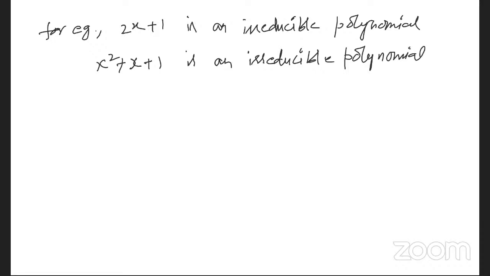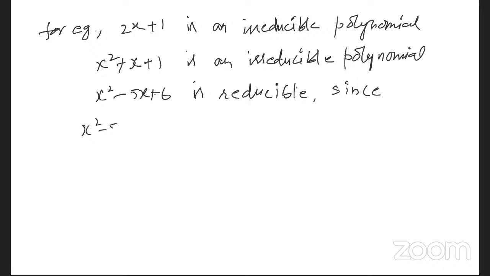And suppose you take x square minus 5x plus 6, it is reducible. How? Since x square minus 5x plus 6 can be simplified and written as x minus 2 into x minus 3, we can find the factors.